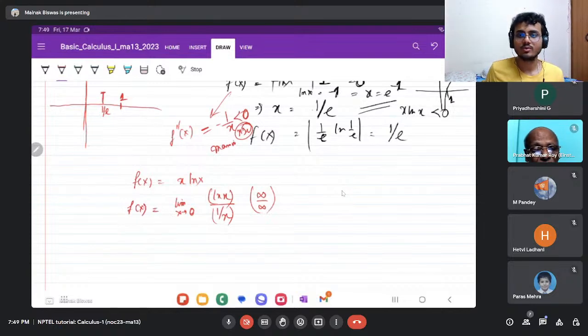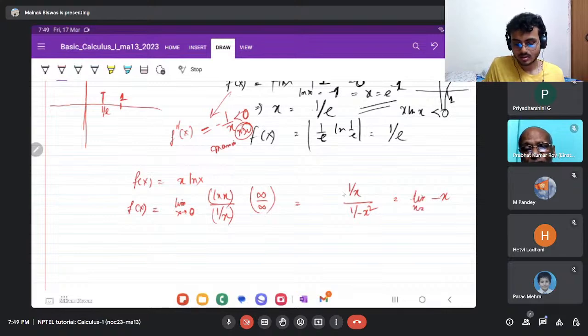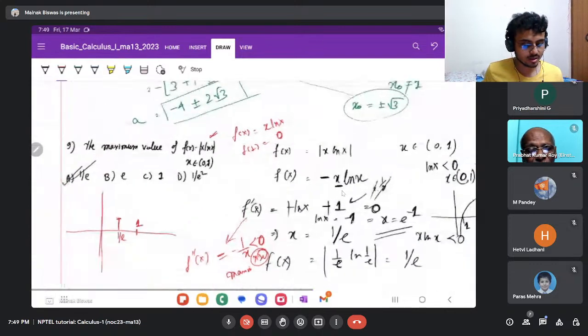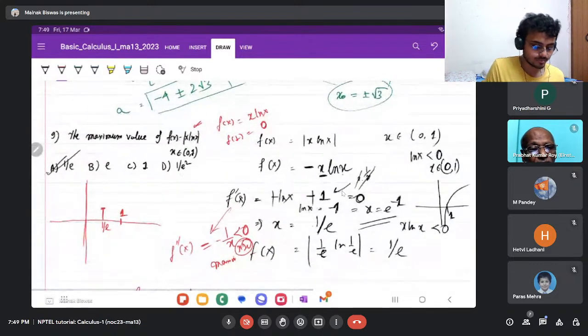L'Hopital's rule says that if it is a 0 by 0 form, your limit is exactly the same as the derivative of that at those points. So it's 1 by x over 1 by minus x square. So it's minus x is your value, right? This is 0. So at x tends to 0, this value is 0.